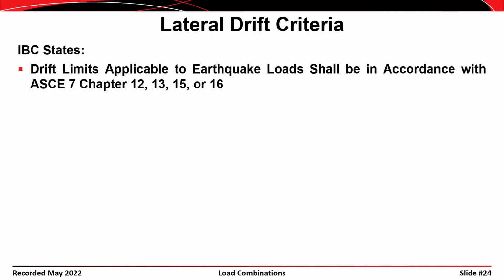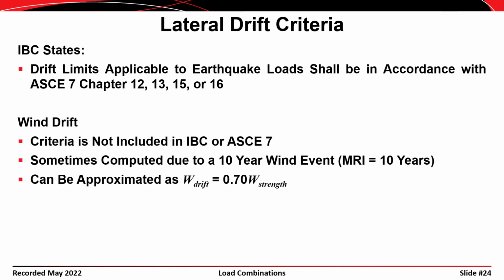Okay, there are lateral drift criteria in IBC. It states that drift limits applicable to earthquake loads shall be in accordance with ASCE 7. Now, drift due to earthquakes is a bit out of our scope right now. We'll come back and touch on that towards the end of the semester, but for right now, I'm not going to deal with that. But wind drift criteria is not included in IBC or ASCE 7, but it is often checked.